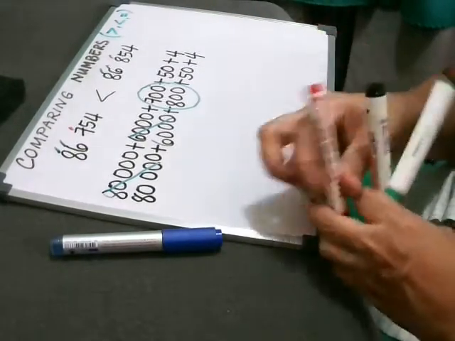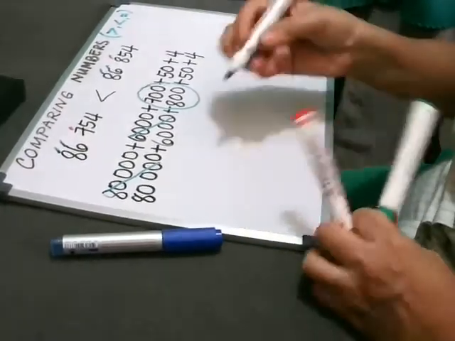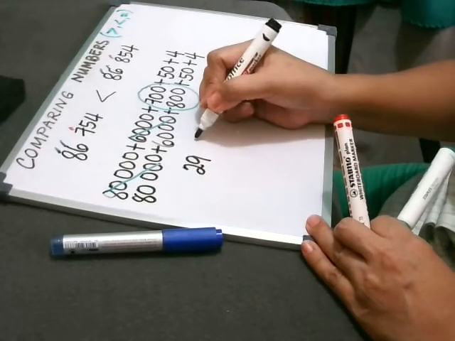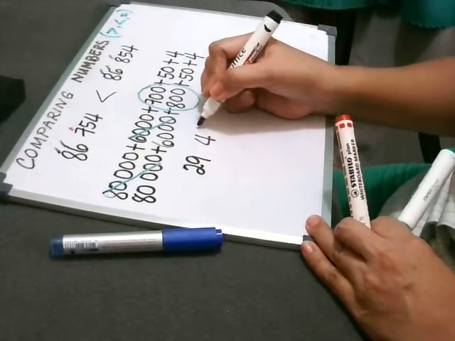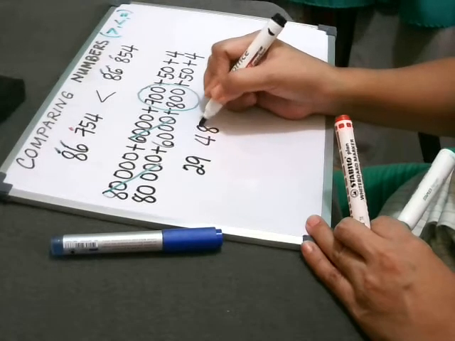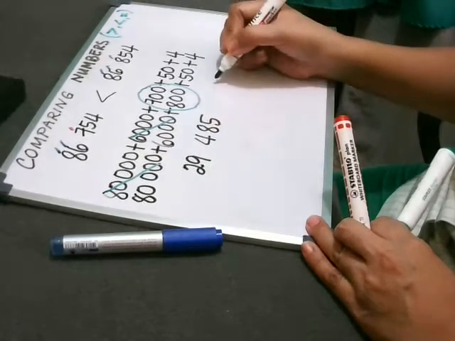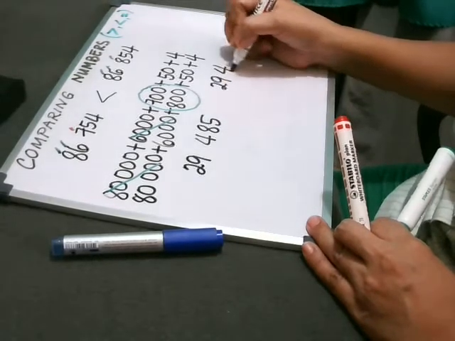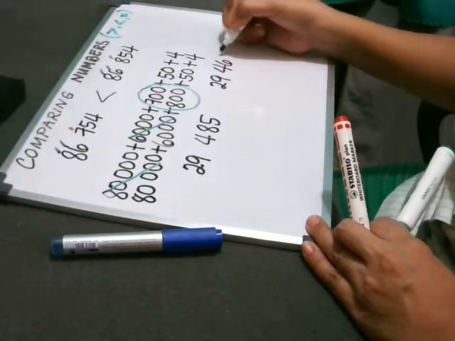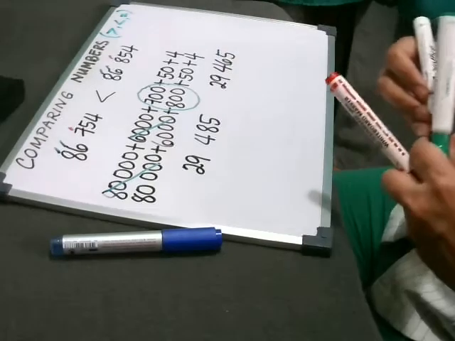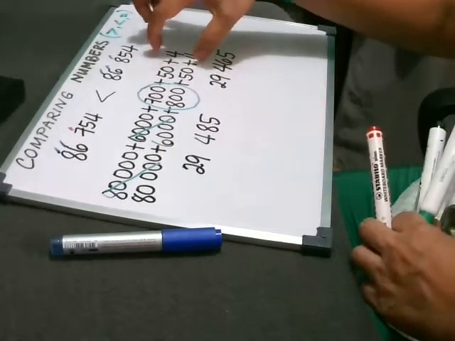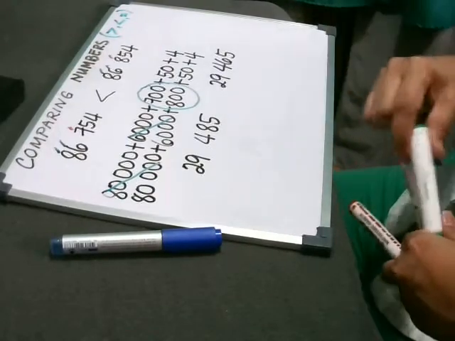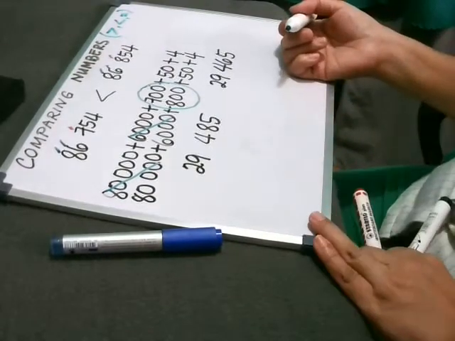Another example. We have here 29,400, compared with this other number. We will not do this anymore by just looking at the digits first at its left.